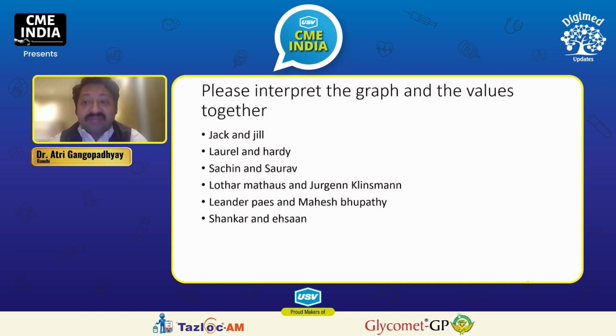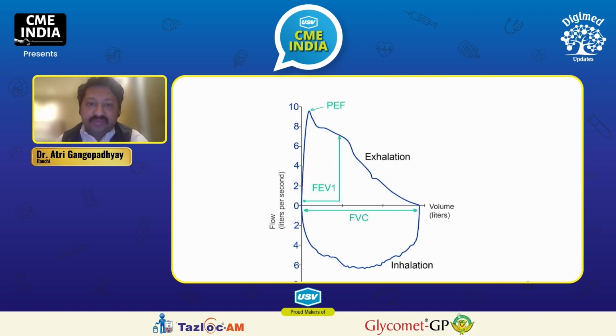This is a graph, commonly known as the flow volume loop. The y-axis here represents flow, that is, volume of air per second, and the x-axis represents the volume. Look at the peak of the curve.